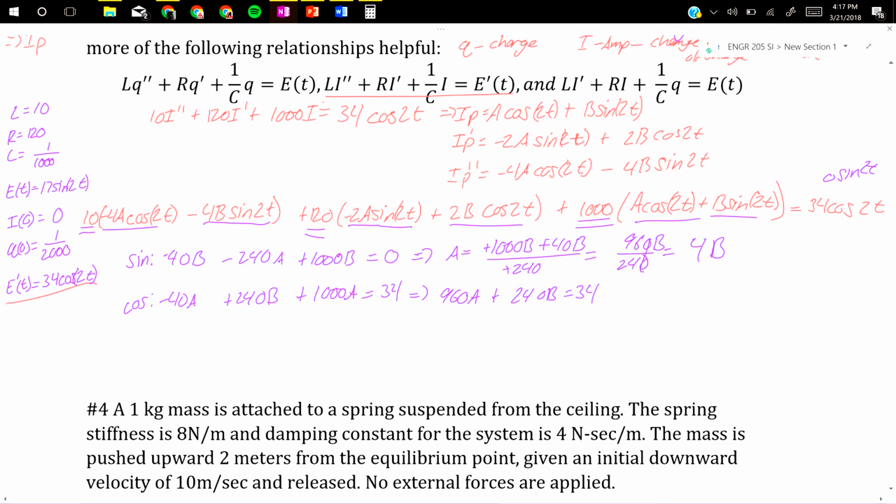I'm going to plug that 4b in for my a. So it will equal 960 times 4b plus 240b equals 34.